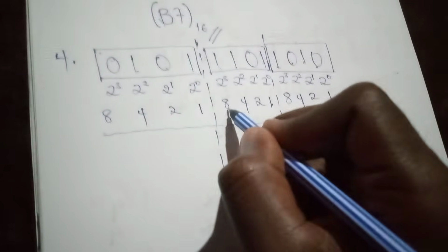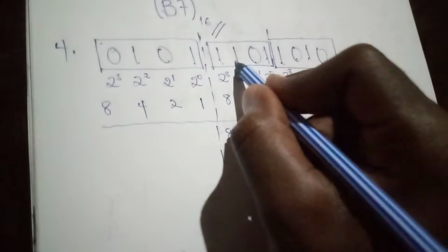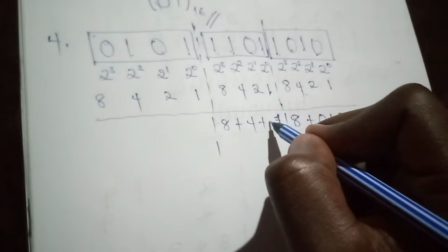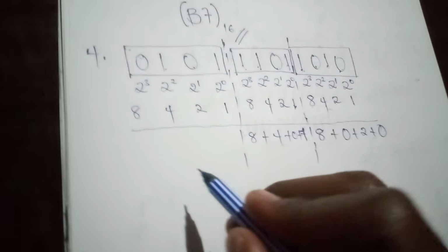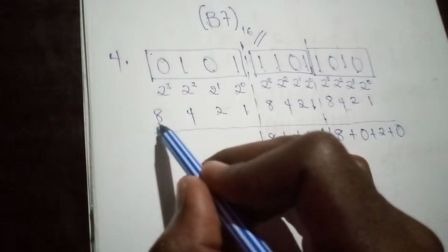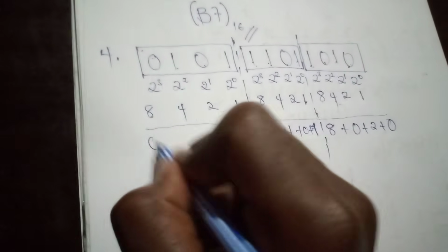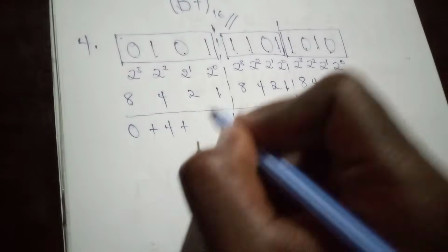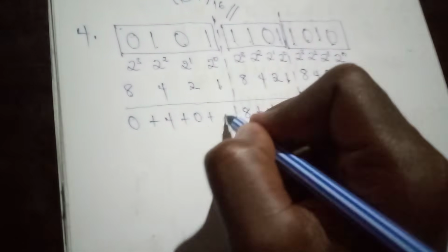So 8 times 1 is 8, plus 4 times 1 is 4, plus 2 times 0 is 0, plus 1 times 1 is 1. Also, I come to this side, I'll start from this side: 8 times 0 is 0, plus 4 times 1 is 4, plus 2 times 0 is 0, plus 1 times 1 is 1.